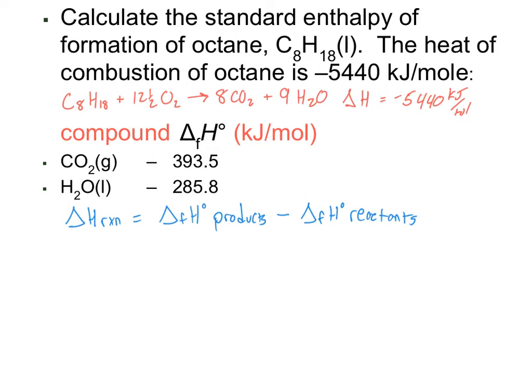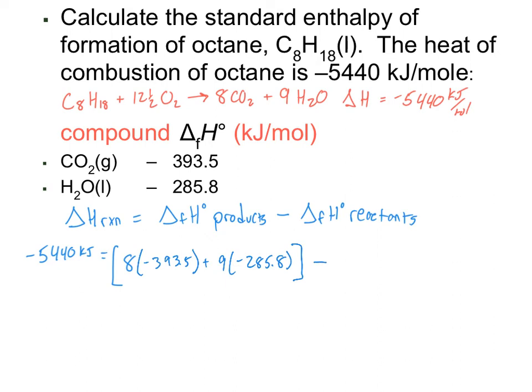And so negative 5,440 kilojoules is going to equal the delta H of formation of our products first. So 8 times our delta H of formation of carbon dioxide plus 9 times our delta H of formation of water. And so there's our delta H of formation of all of our products.